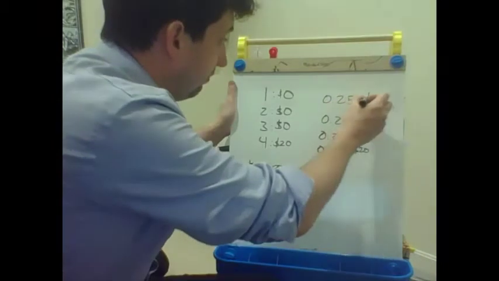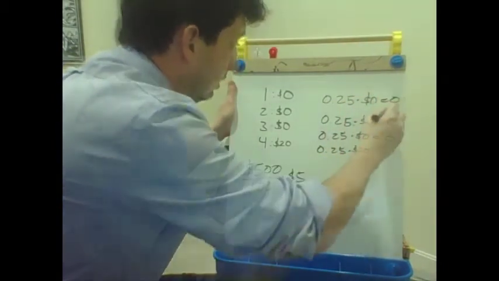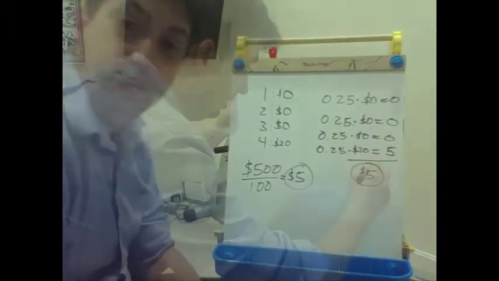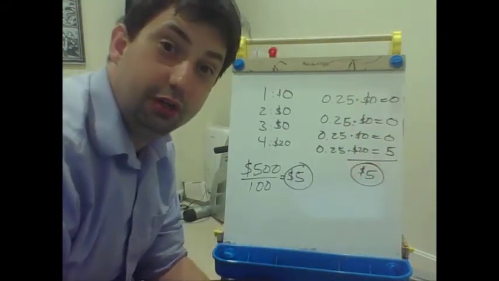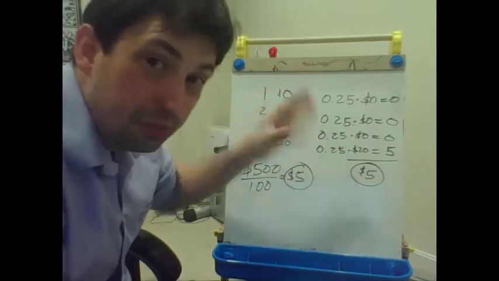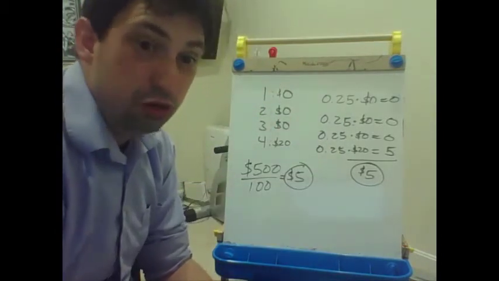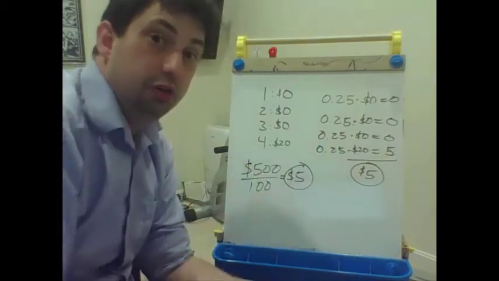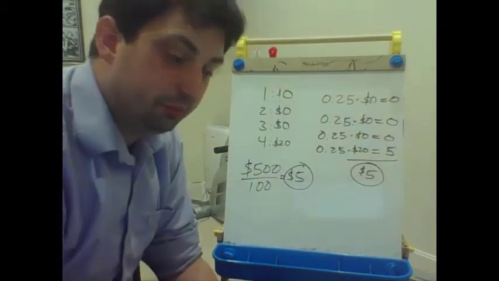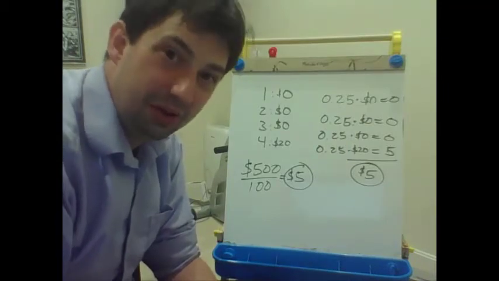So 0.25 times 0 is, of course, 0, and 0.25 times 20, add them all up. It's exactly the same story. Mathematically, I'm doing exactly the same thing, just multiplying the numerator and the denominator by 100. This is expected value.